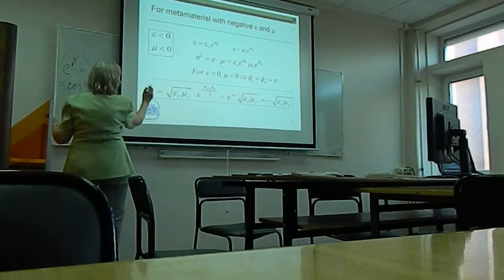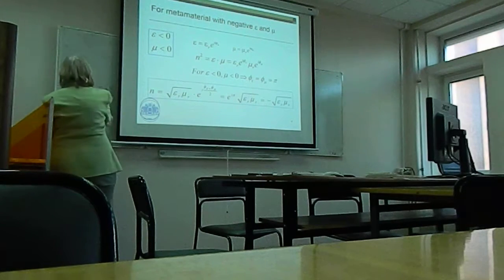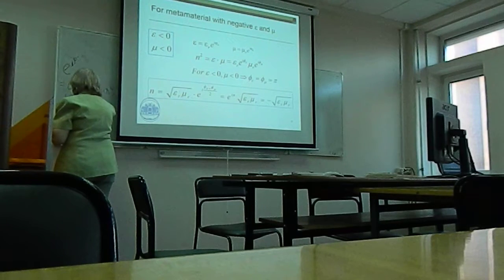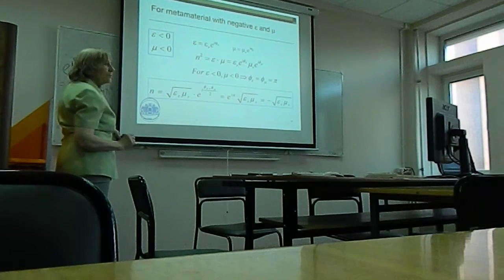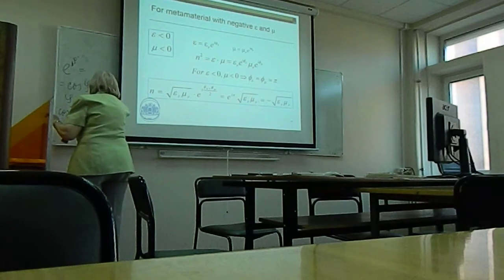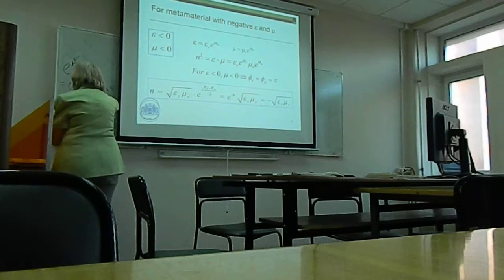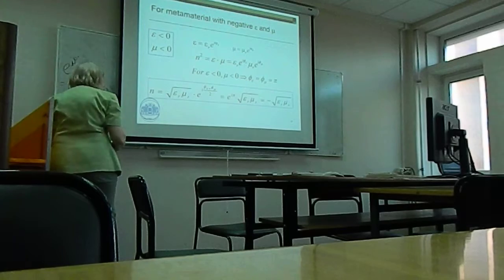If the phase is equal to pi, then we have cosine pi plus i sine pi, where the sine is equal to 0 and the cosine is equal to -1.